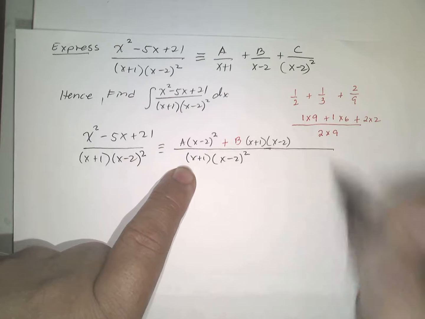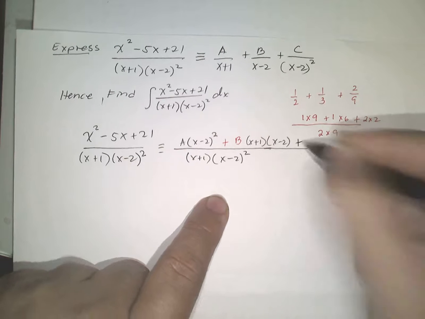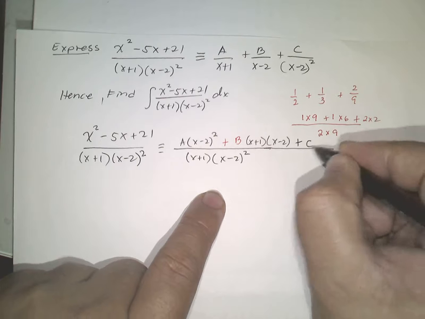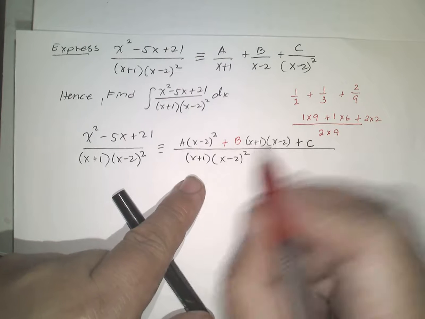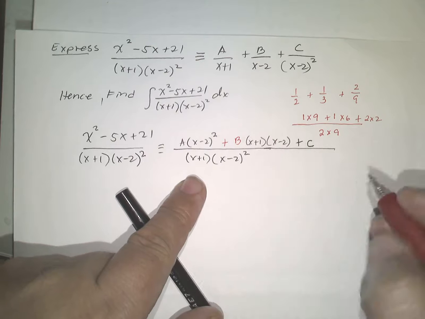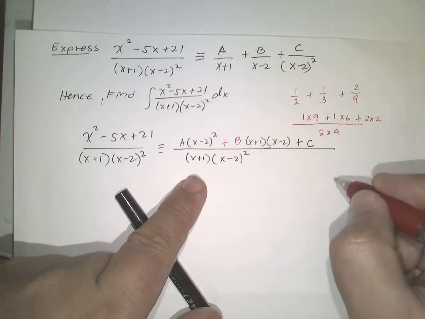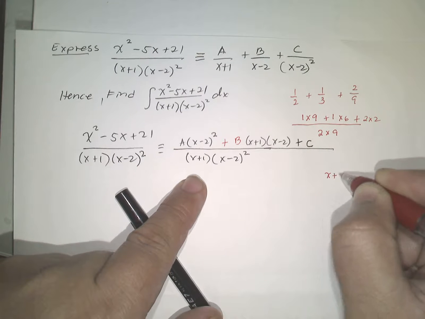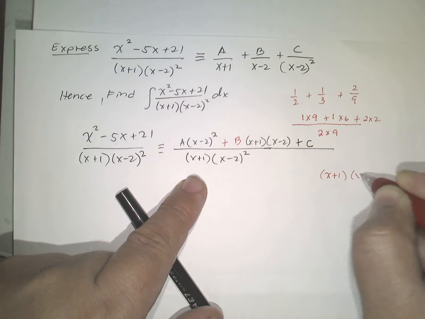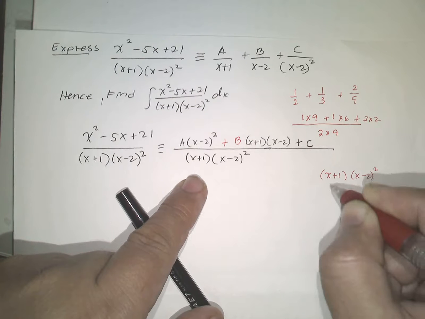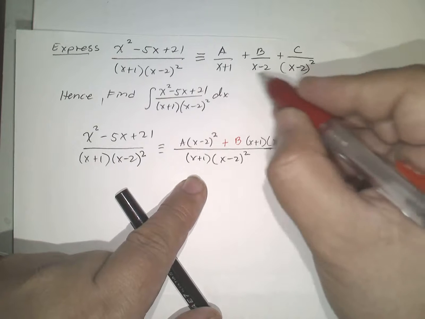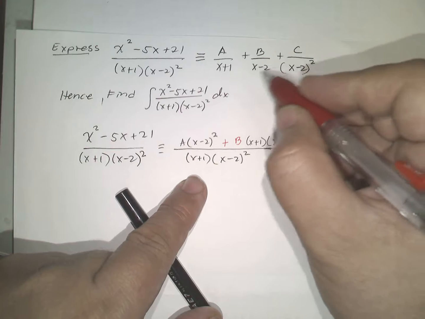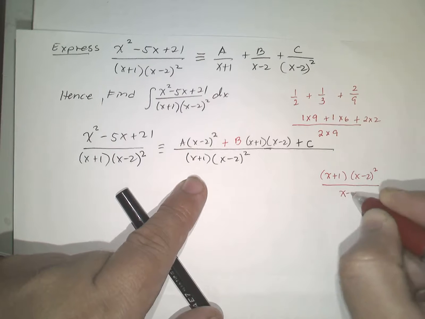If you still don't understand how I did that, you can do it one by one: x plus 1 times x minus 2 squared, then divide that by the bottom part of the second term, x minus 2.